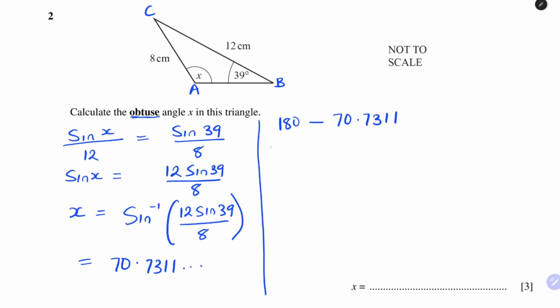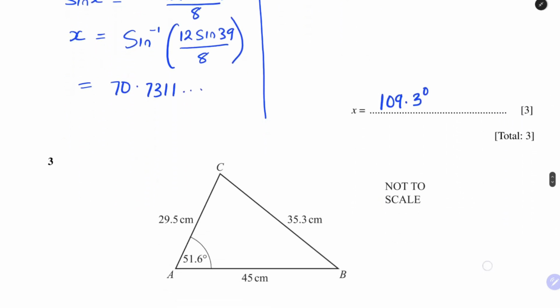When we do that, we have 109.2688 and so on. Since it's an angle, angles are supposed to be provided to one decimal place. So our final answer is 109.3 degrees.